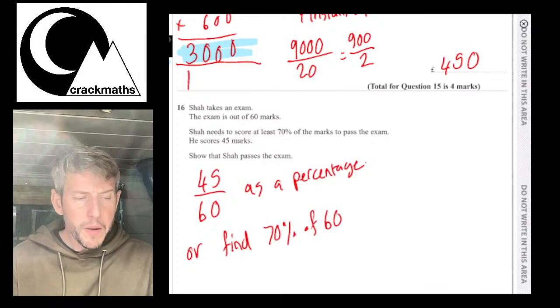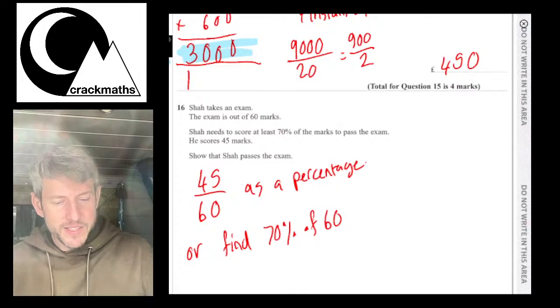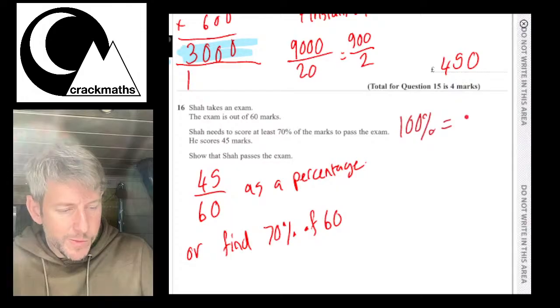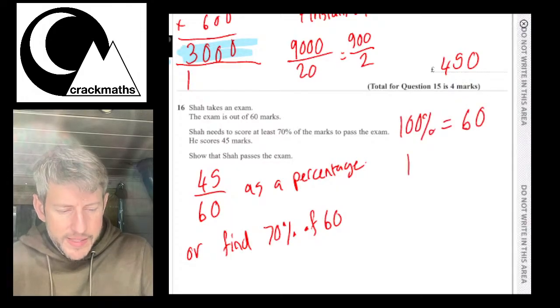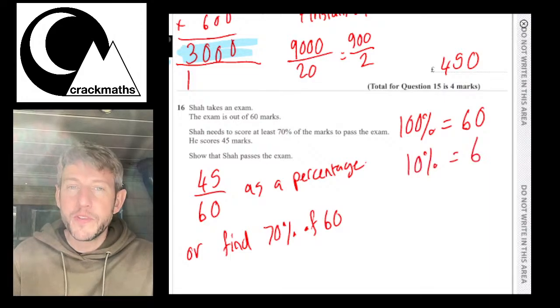I think I'm going to find 70% of 60. So let's start by doing it that way. 100% of 60 equals 60. 10% of 60 equals 6, because we've divided them both by 10.